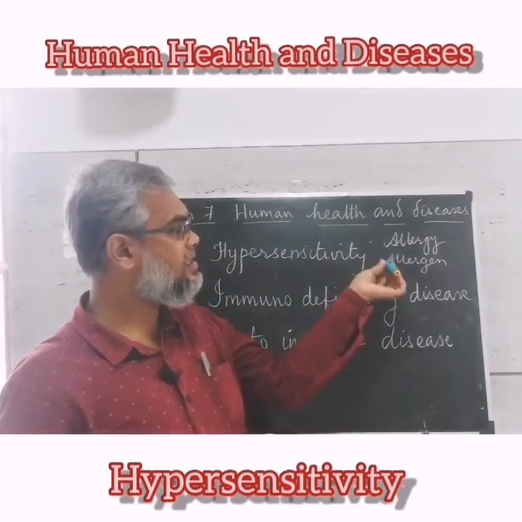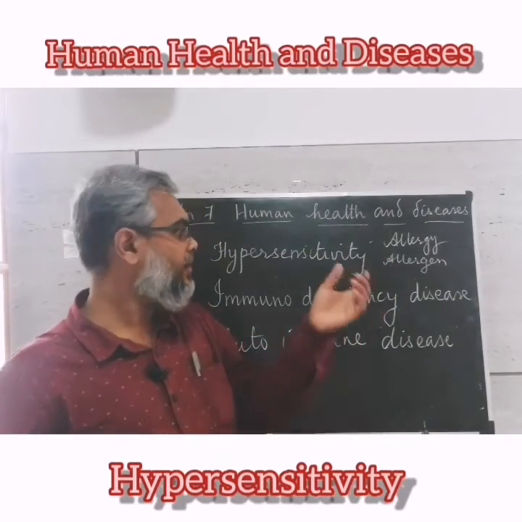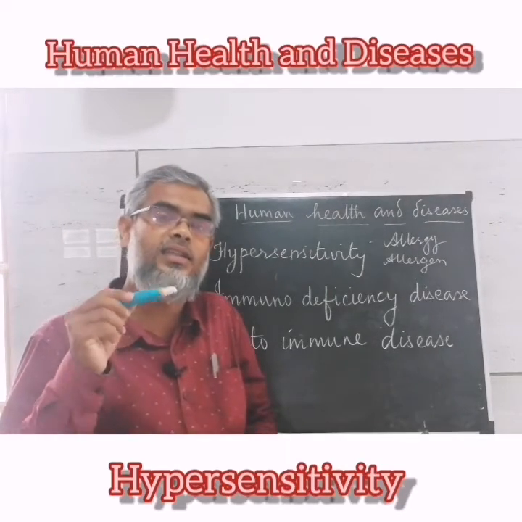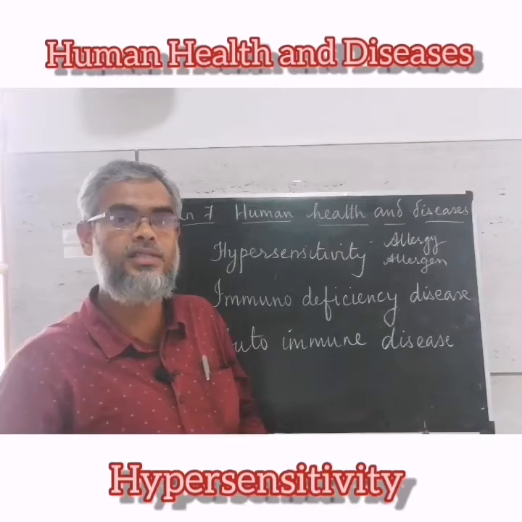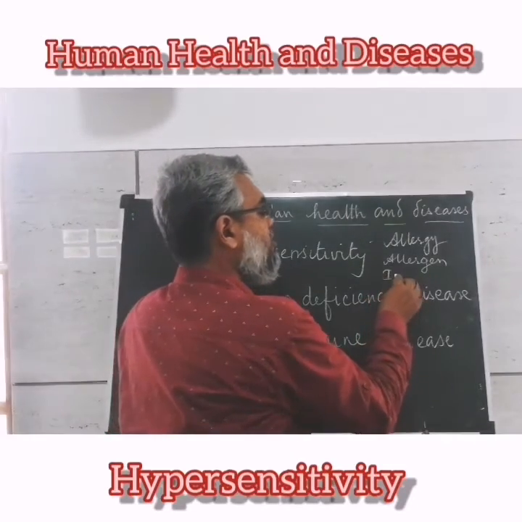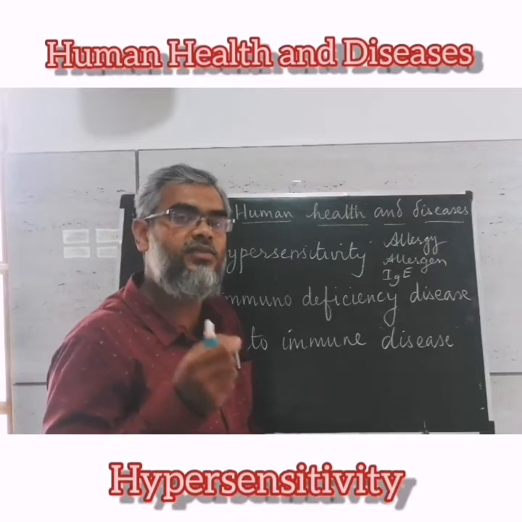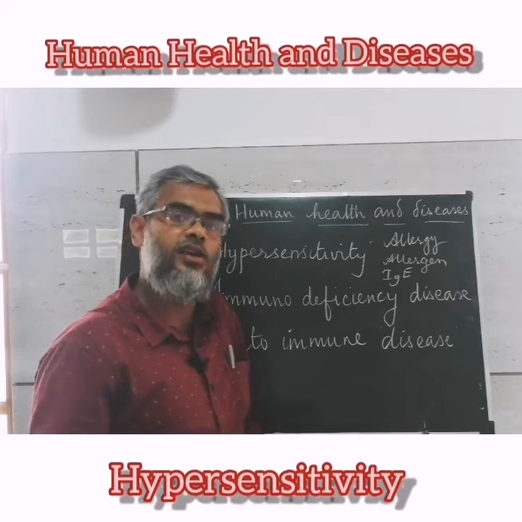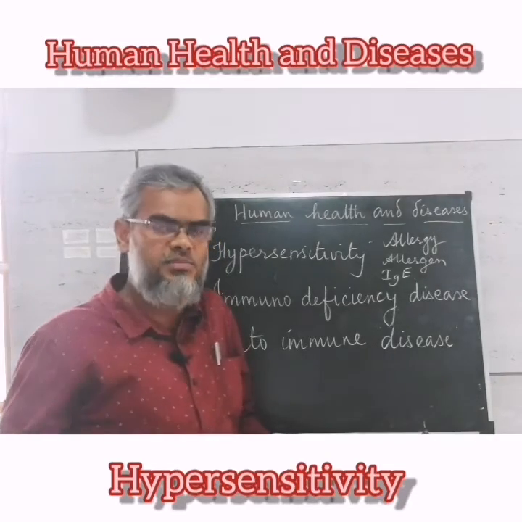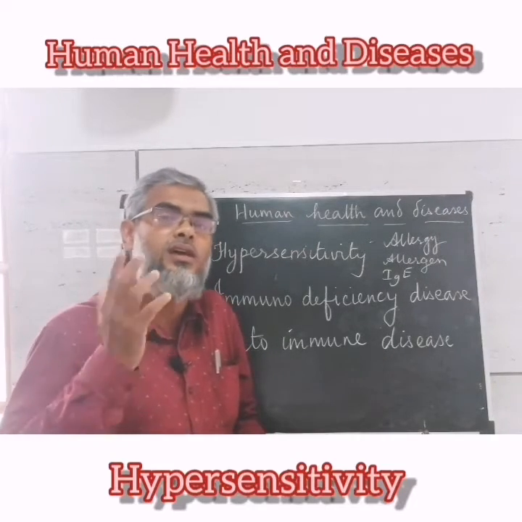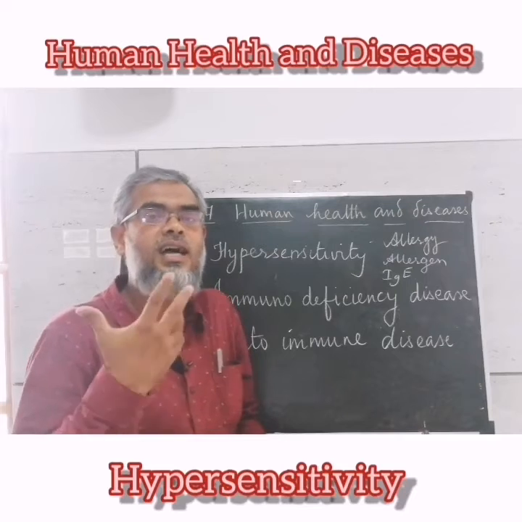The main immunoglobulin, the antibody reacting for hypersensitivity, is IgE. IgE is involved in allergic reaction and also mast cells. These mast cells, by producing some chemicals like histamine and serotonin, form this allergic reaction.